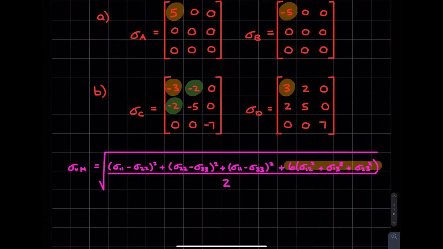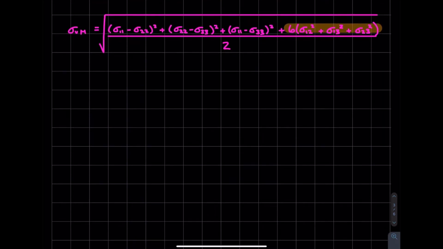Now, we're just going to come down and solve for sigma A and sigma B first. So part A, we know that sigma von Mises of A, sigma Vm of A, is going to be equal to, and our only component is the sigma 1, 1. So the first component, sigma 1, 1 minus sigma 2, 2, that's 5 minus 0 squared, plus we have sigma 22 minus sigma 33.